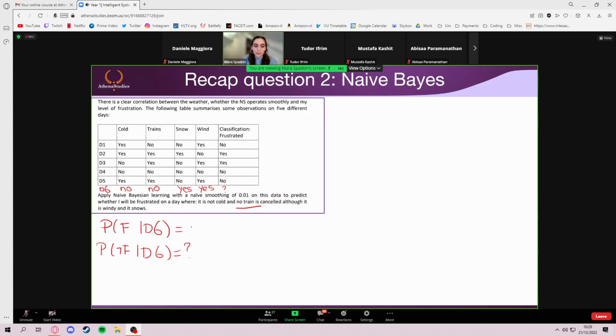So in our case, we take the probability of not being cold given D6, times no train given D6. And what does it say? Windy and it snows. So windy and snow. Correct? So we do the same for not frustrated, of course.